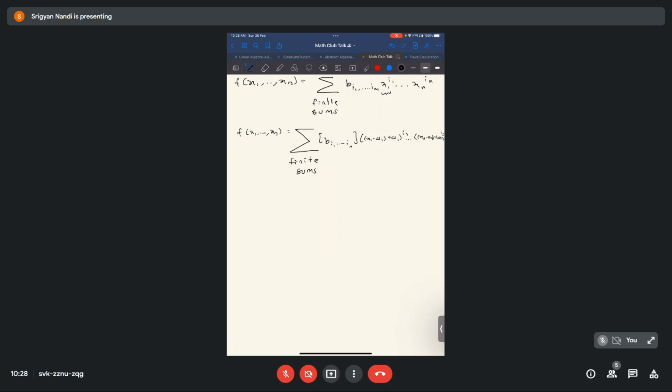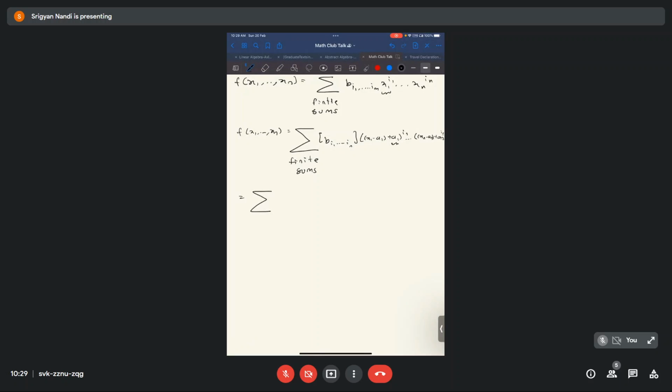Now, once we use the binomial theorem and expand out all the terms, we get a certain form in which we take out all these constant powers, a1 power i1 till an power in, separately.